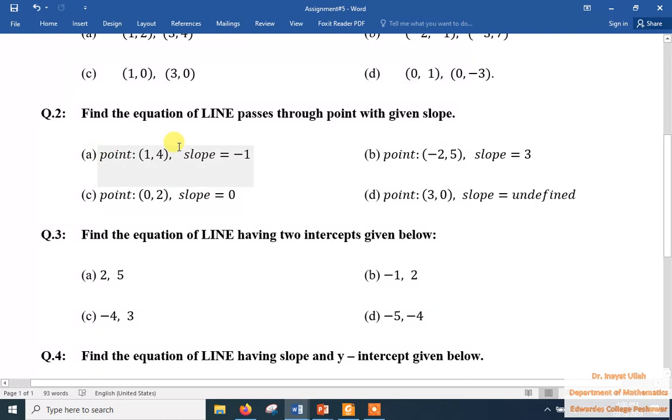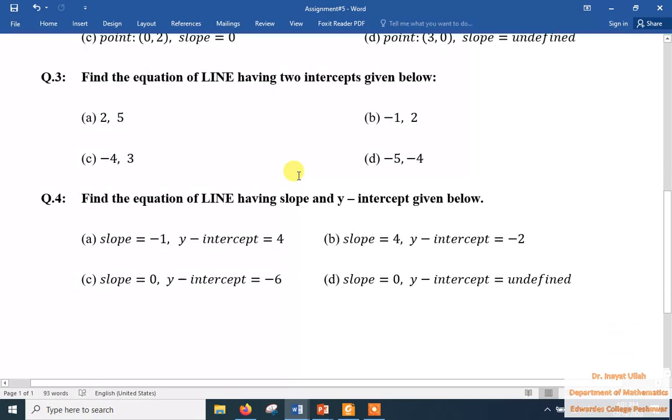You need to use the point slope form to find the equation of the line. The point is x1, y1, and the slope is denoted by m. So m is given to you as -1, x1 is 1, y1 is 1. Use the point slope formula to find the equation of line. Now follow these instructions for part B, part C and D. So these are 4 questions actually.